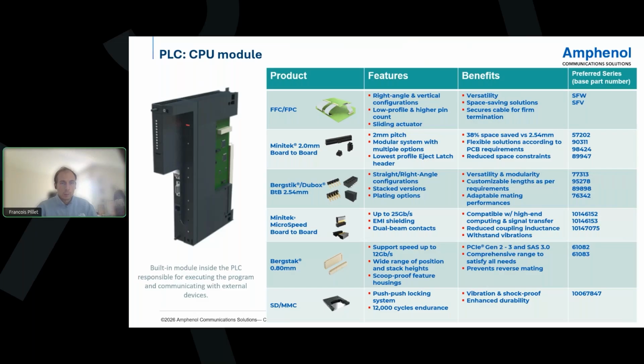This flexible range can be included in architectures where space constraints are important, and in parallel, you can consider our bulk-state pin headers and two-box receptacle sockets for their modularity and versatility when standard pitch can be accepted. And last but not least, our SD connectors located at the programming ports are vibration and shock-proof to ensure long-term durability.